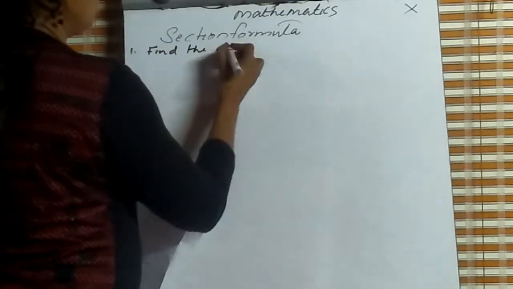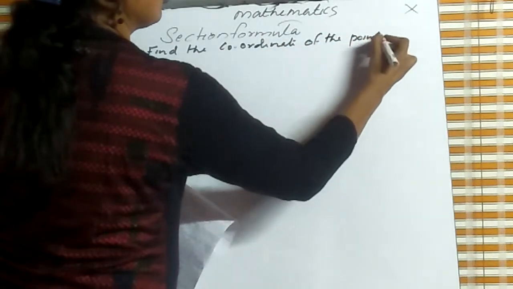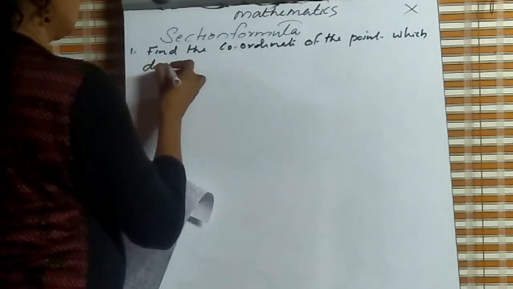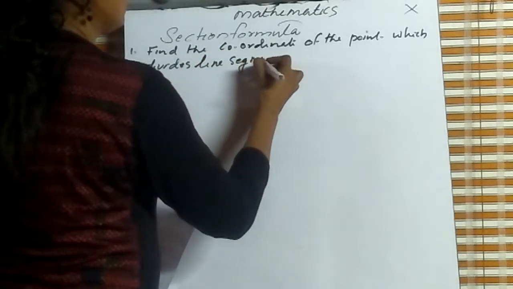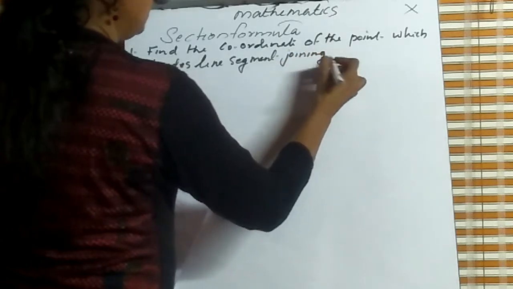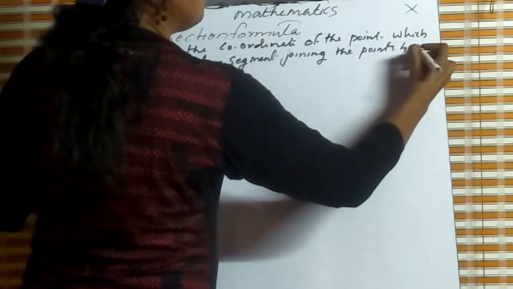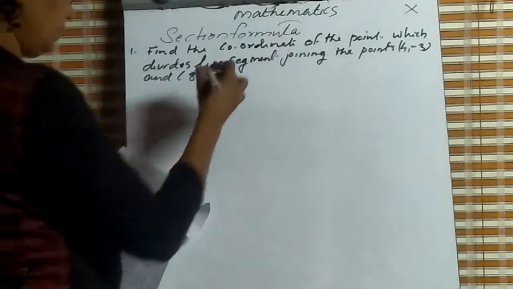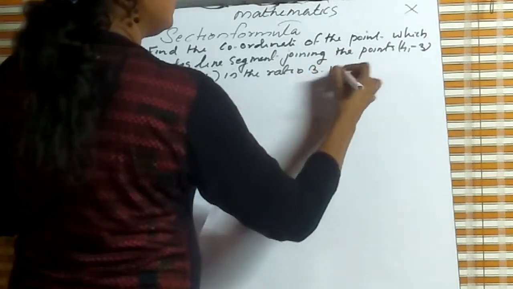Find the coordinates of the point which divides the line segment joining the points (4, minus 3) and (8, 5) in the ratio 3 is to 1 internally.